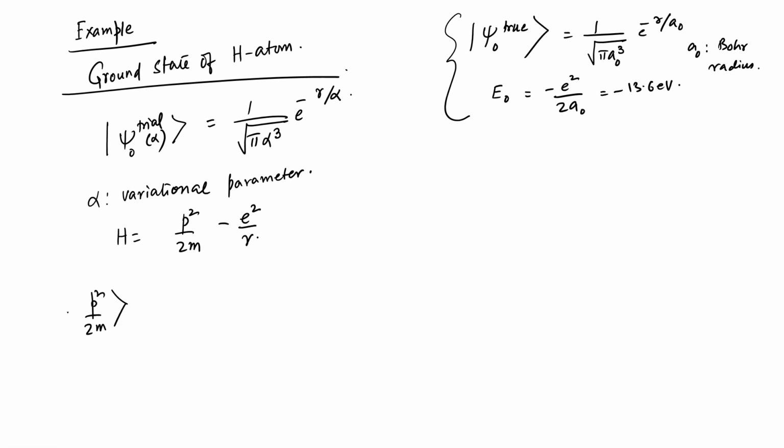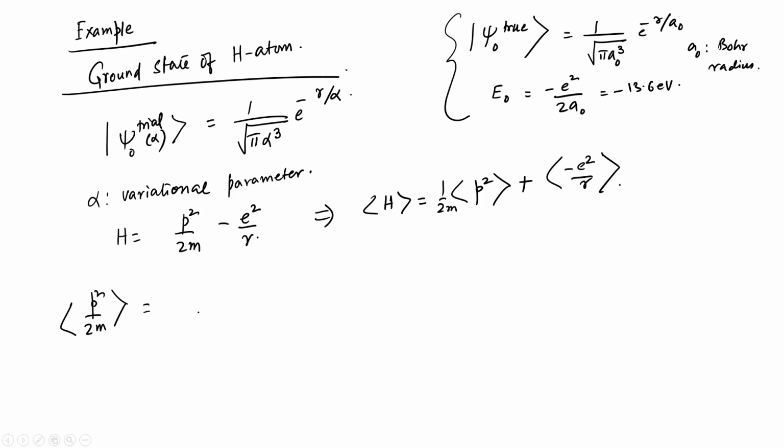So, basically H expectation is p square over 2m expectation plus minus e square by r expectation. And what do we use for calculating these expectation values? These trial wave functions.